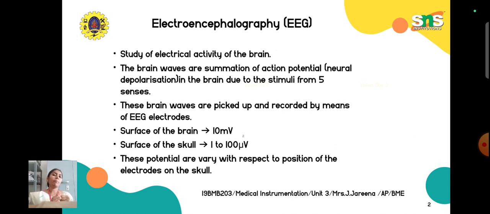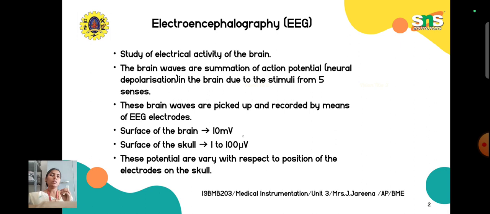With the help of other electronic circuits and components, after capturing, we do filtration, signal processing, and signal conditioning, and then we display that waveform on a display. This is the overall process of how the EEG machine works.